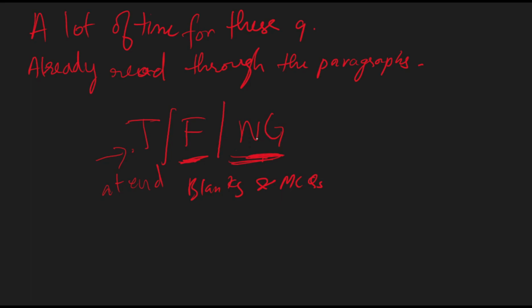Now, another thing. Let's say you have this paper, right? This is the first paragraph, this is second, this is third, this is fourth, this is fifth. Now you have questions, some here, some here, and some here. From my experience, they will always be in a sequence.